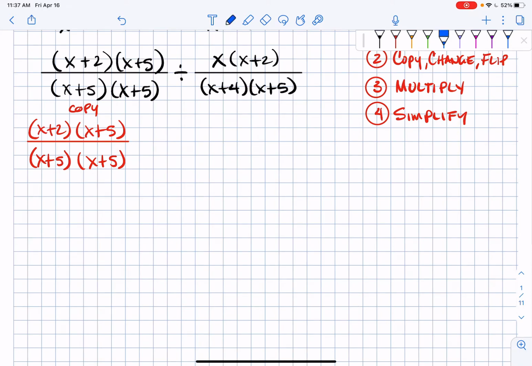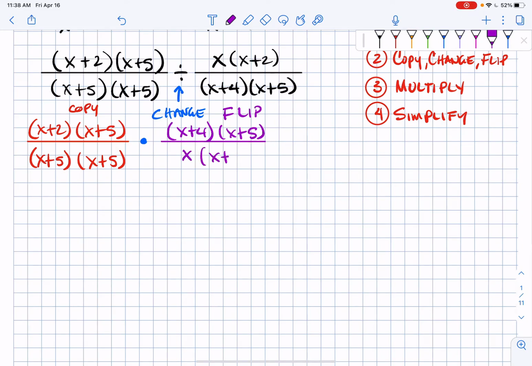Then change, division to multiplication, and flip. So we're going to flip this one, which is going to be x plus 4, x plus 5 over x times x plus 2.